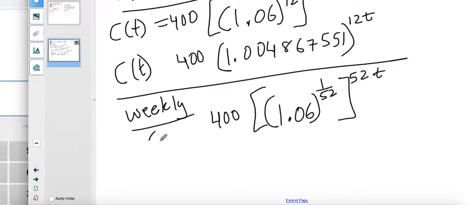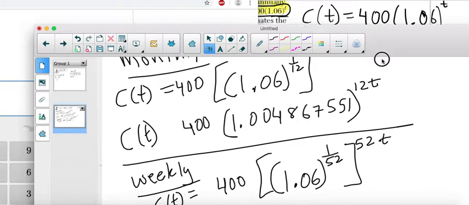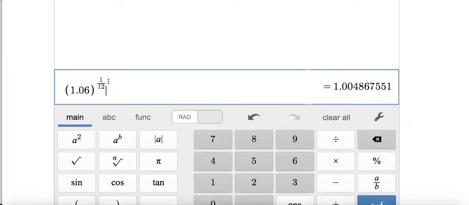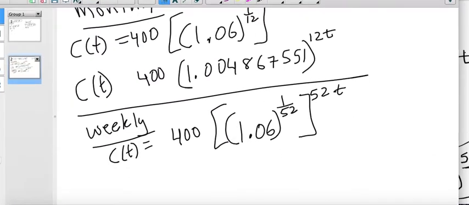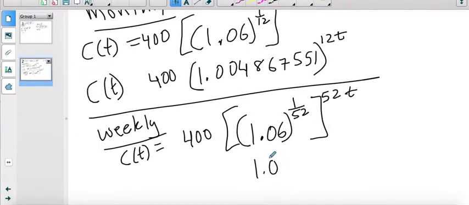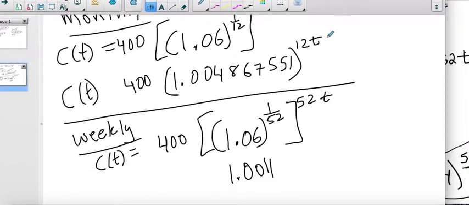So the equation would look like this, and then this 1.06 to the 1 over 52, if I change this, is 1.0011211184. Wow, I actually got it.